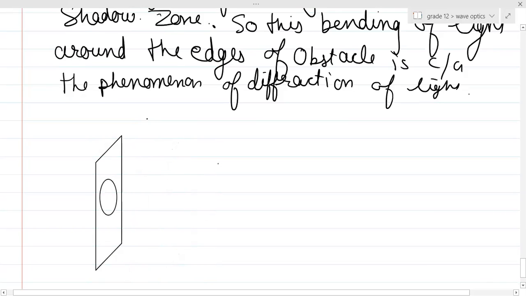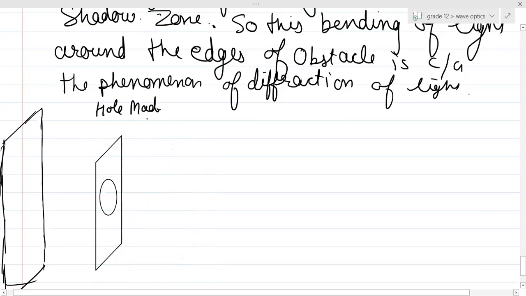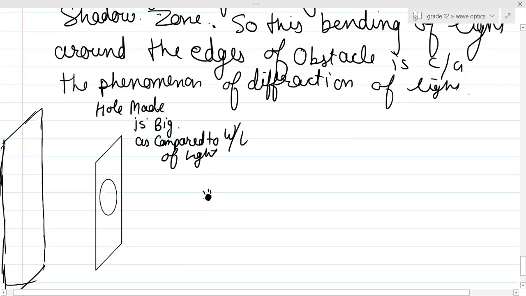Suppose I have a source of light, let's say a bulb. Suppose I have a screen over here. Can you tell me how exactly light will pass through it? If this hole made is big as compared to the wavelength of light, suppose I have a source over here which is glowing. So basically what will happen?